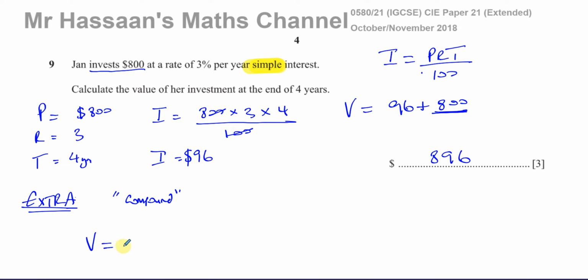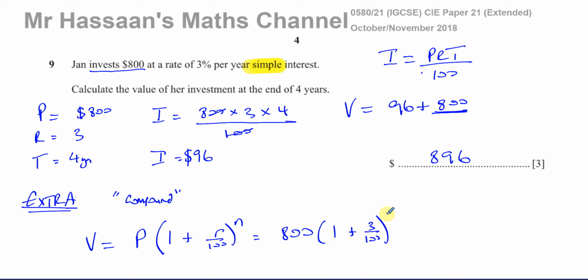The formula is V equals the initial investment, which is P, times 1 plus R over 100, to the power of n. This is the compound interest formula. Your P is your investment, which is 800, your R is the rate, which is 3, and your n is the number of years.